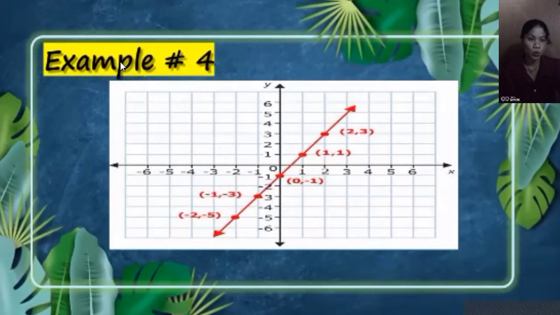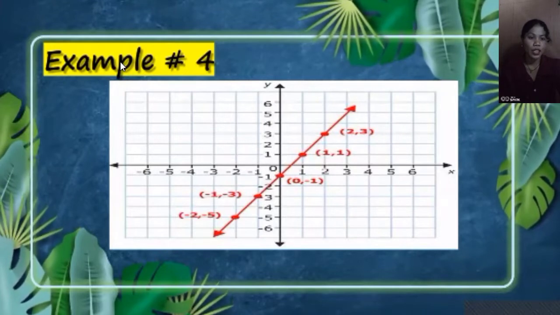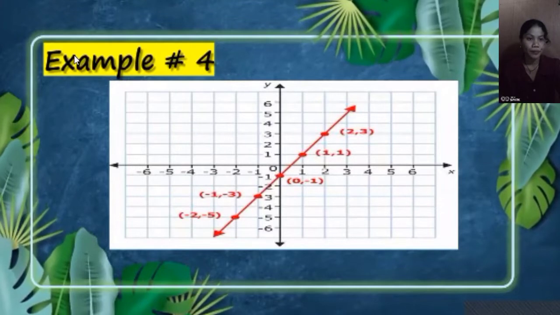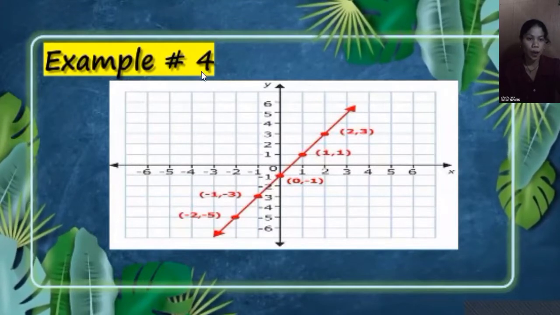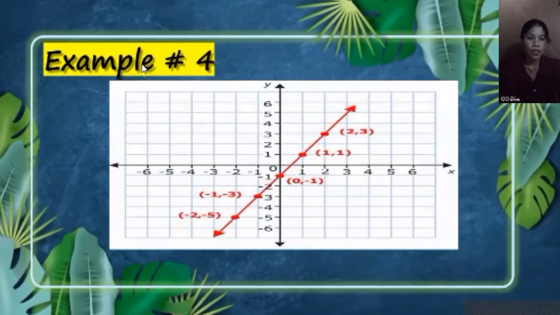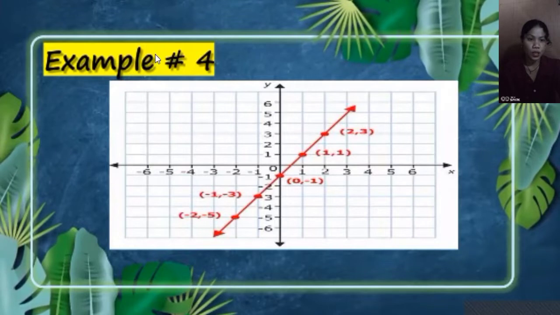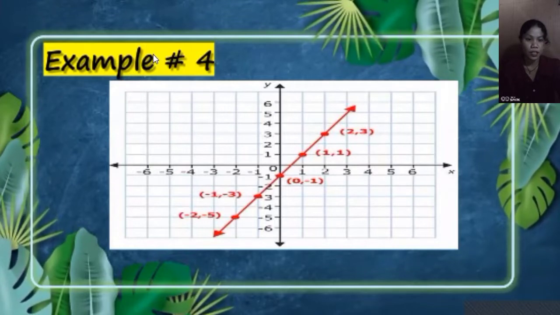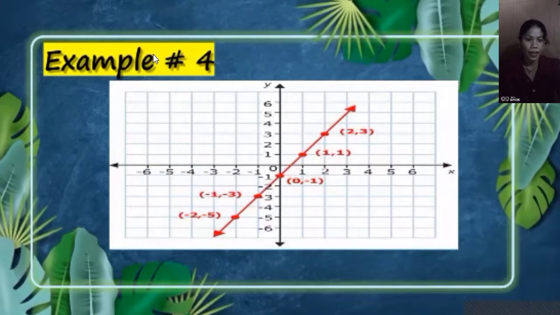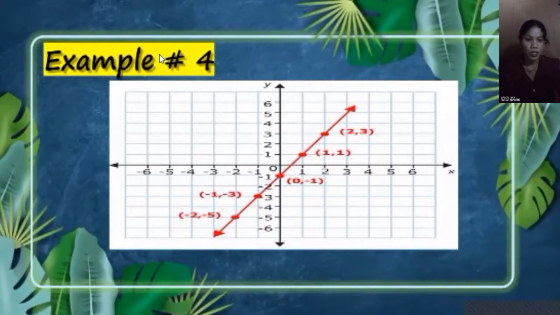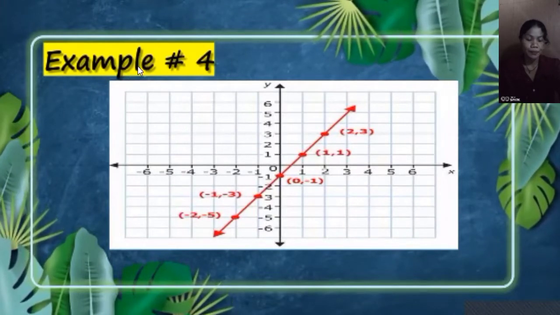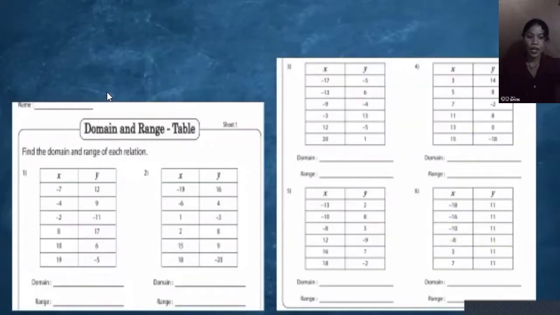For the next point, the domain is 1 and the range is also 1. For this one, the domain is 0 and the range is -1. For this one, the domain is -1 and -3 is the range. For this point, -2 is the domain and -5 is the range.